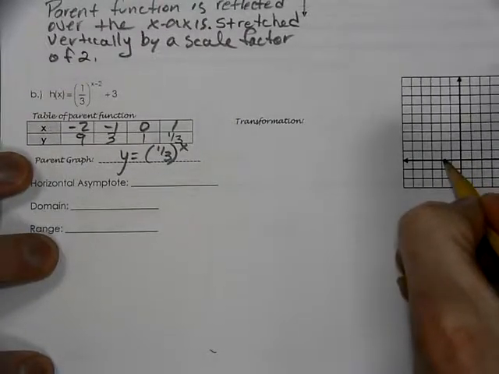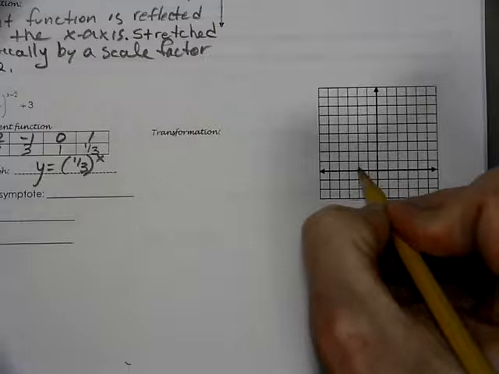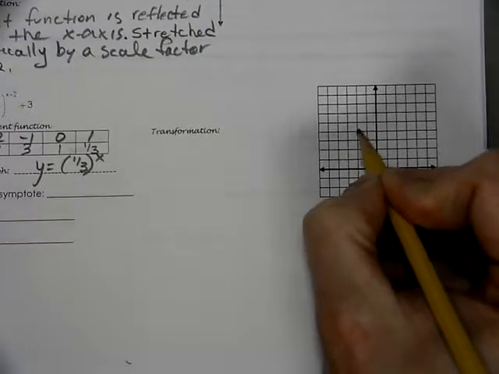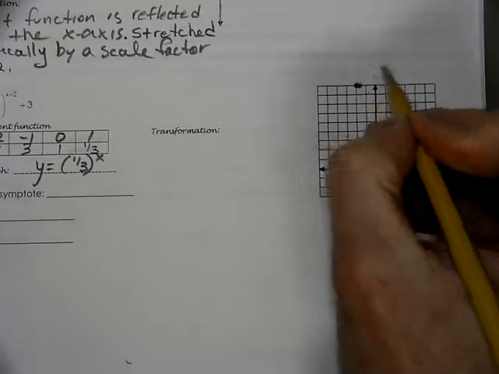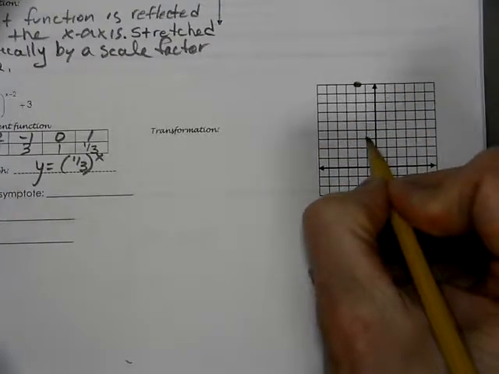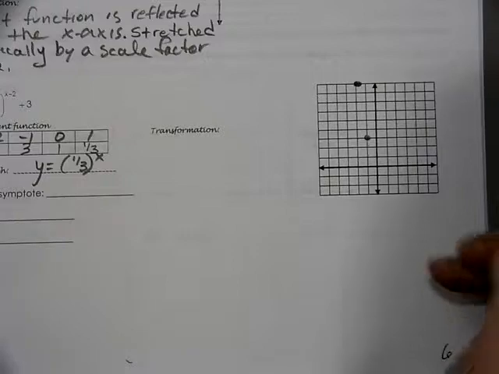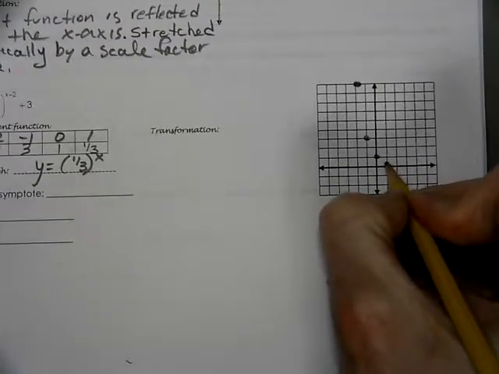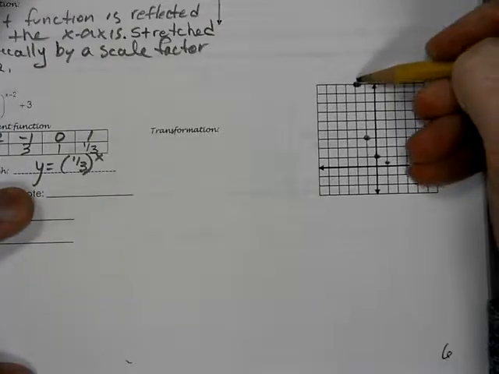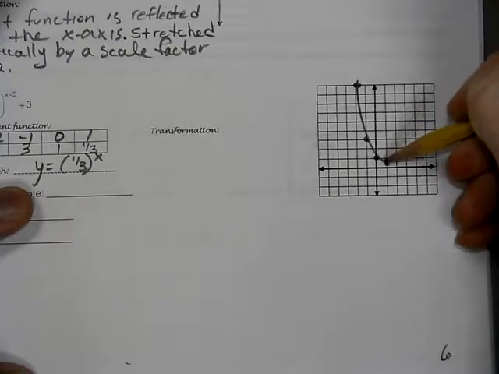So at -2, we're going to go up 9. -1, we go up 3. 1, go to 1/3. Here we really see the exponential decay.